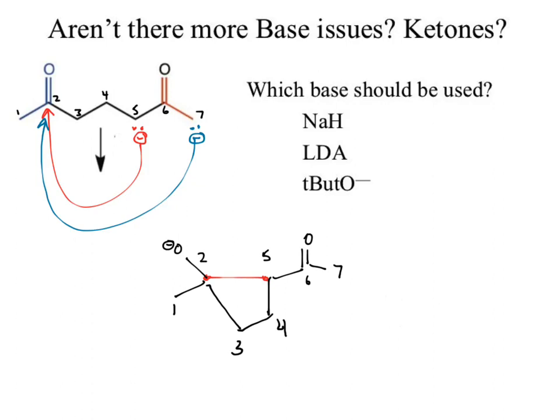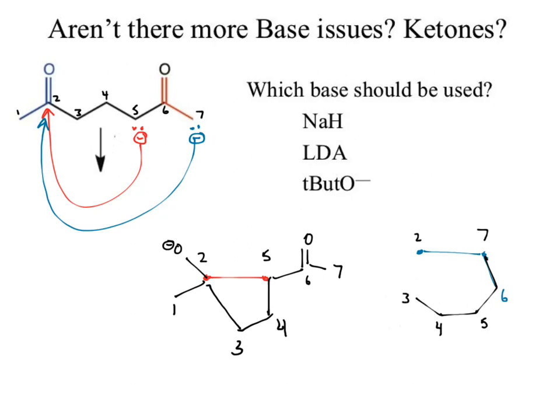I would start at the bond that I'm trying to make. I'm trying to connect carbon 2 to carbon, in this case, 7. So there I can color code it. I know 7 is connected to 6. I know 6 is connected to 5. I know 5 is connected to 4. I know 3 is connected to 4.